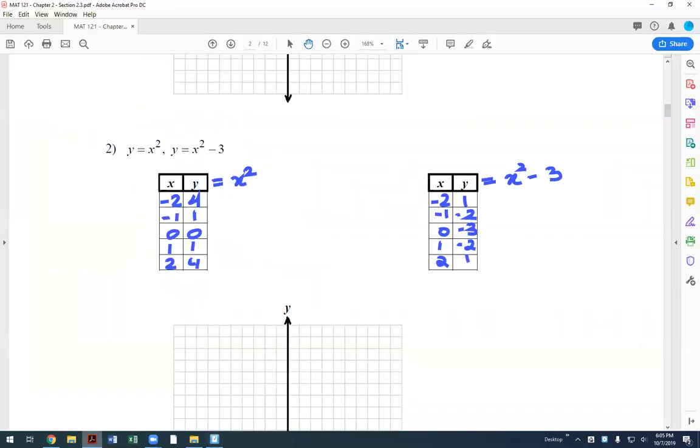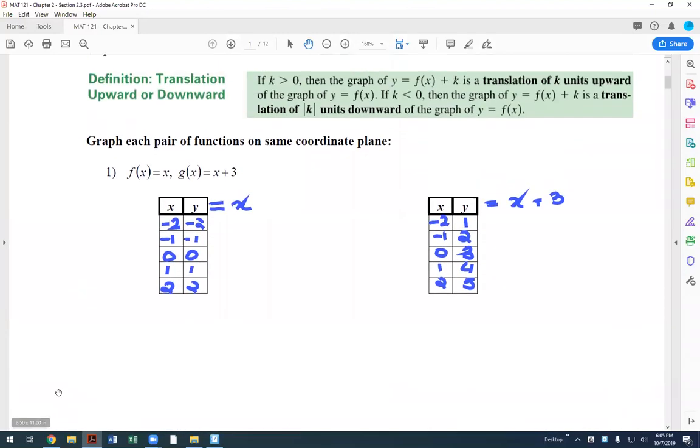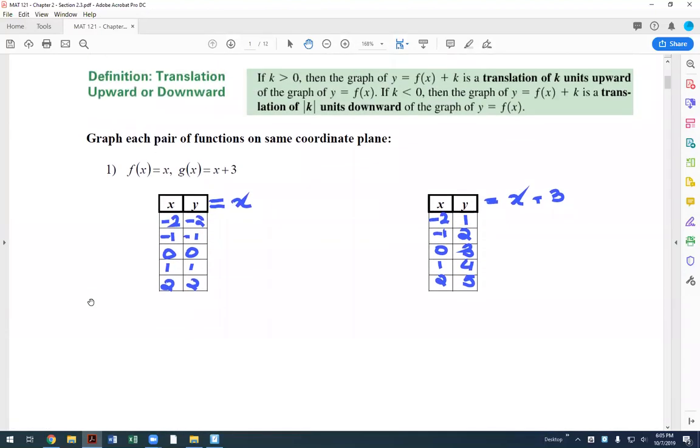Any questions on these first two examples with the vertical translation? What would be some numbers that you couldn't put in for x? Well, remember when we talked about domain and range last time? So it would be if your domain had any restrictions, then those would be the numbers you wouldn't be able to use. But obviously in the straight line example that we saw here with our first example, that's going to be all real numbers for your domain.